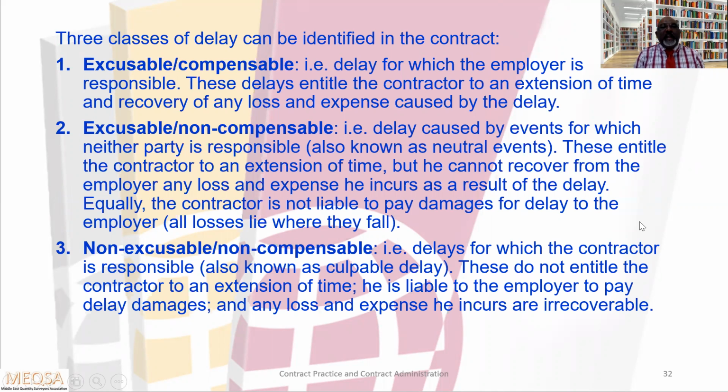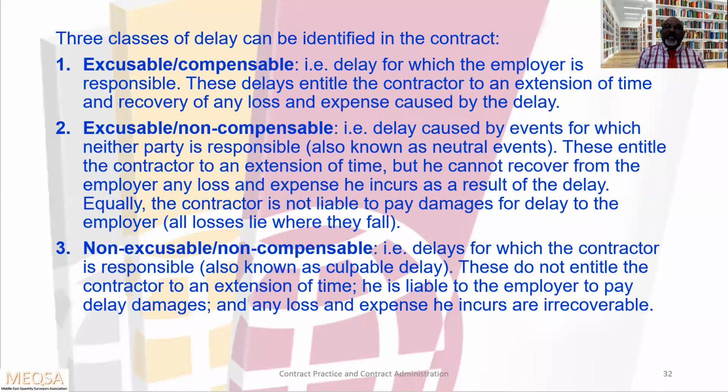Three classes of delay can be identified in the contract. The first one, excusable, compensable, which means delay for which the employer is responsible. These delays entitle the contractor to an extension of time and recovery of any loss and expense caused by the delay. The second one, excusable, non-compensable.